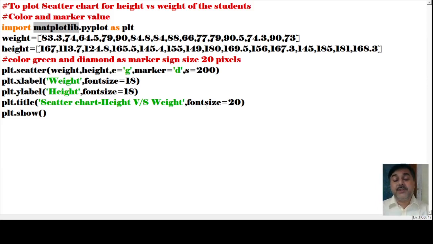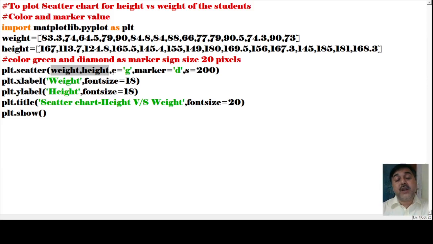So for the graphical representation of the data, we have used plt.scatter, that means scatter of weight and height, because here we have taken weight and height. We call weight and height the x-axis and y-axis.